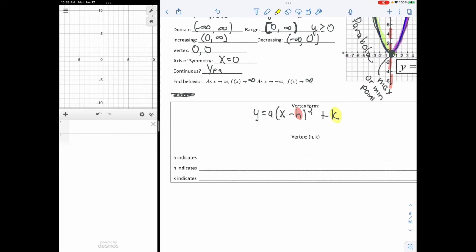So a indicates if it's a vertical shrink or vertical stretch. And it also determines whether or not it is reflected over the x-axis. Your h determines, it's the x-coordinate of your vertex.